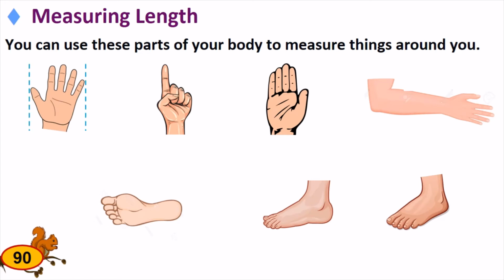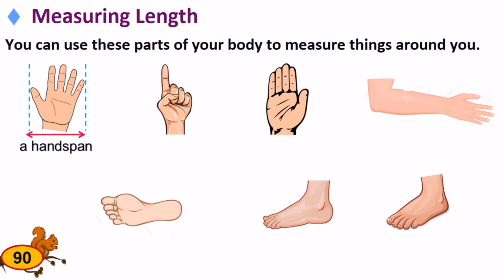Hand span is the distance from the tip of the thumb to the tip of the little finger. We can use a hand span to measure things.